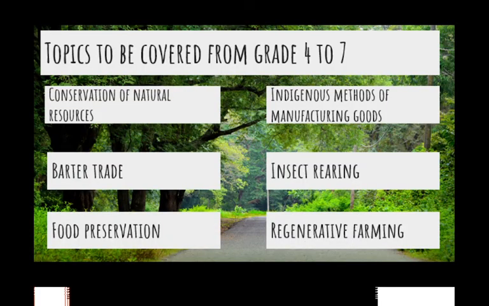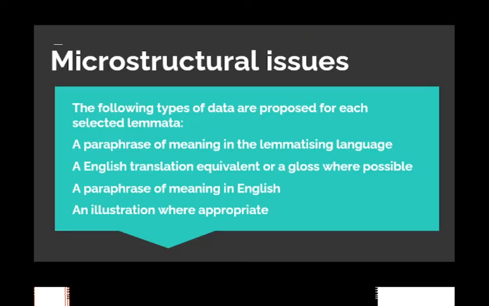And then we have topics that we've identified that are covered from grade 4 to 7, which are conservation of natural resources, barter trade, food preservation, indigenous methods of manufacturing, insect rearing, regenerative farming, just to mention a few. And then we have the microstructural issues, which is one, a paraphrase of the meaning in the lemmatizing language, an English translation equivalent or a clause where possible, a paraphrase of meaning in English, and illustration where appropriate.